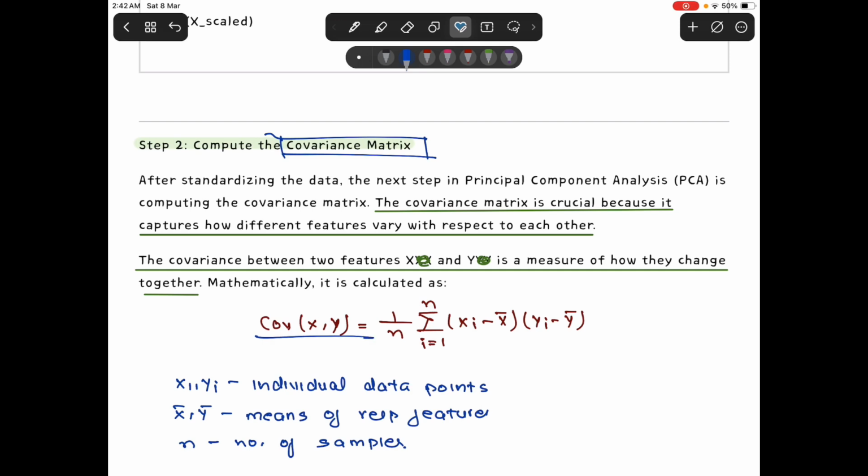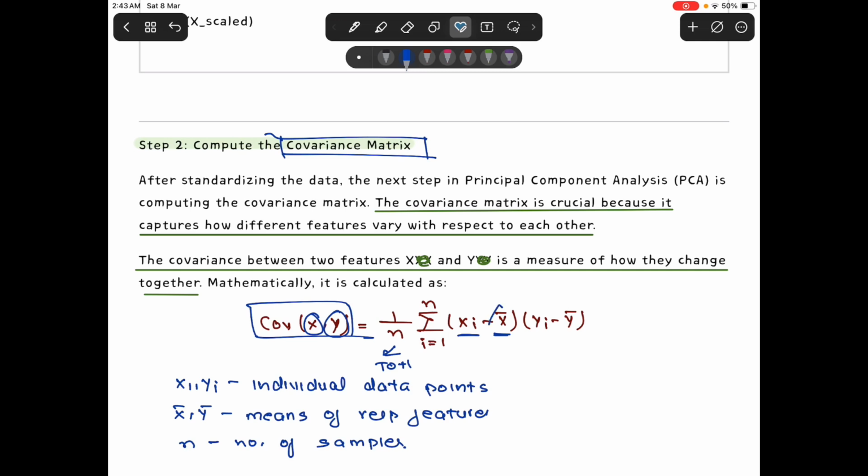The covariance between two variables, x and y, is given as 1 by n, where n is the total number of data points, summation from 1 to n, where xi is the data point. Sorry, x is an attribute, y is an attribute.